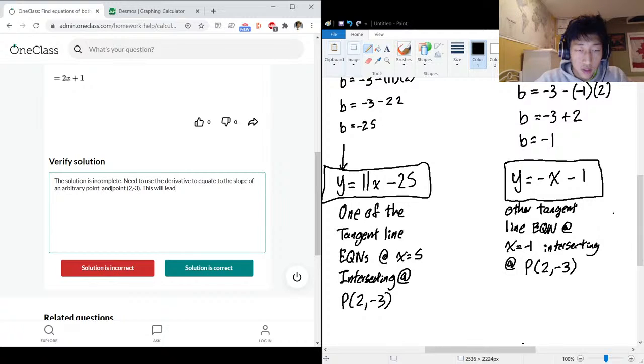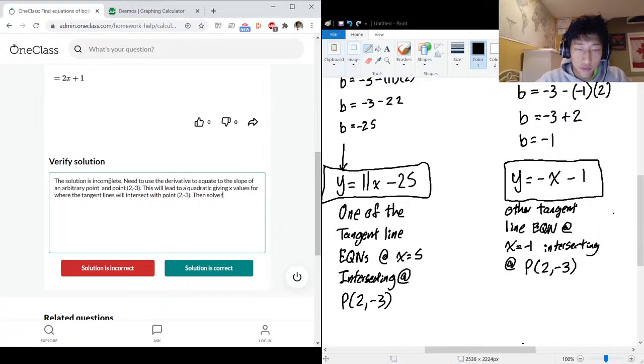This will lead to a quadratic giving x values for where the tangent lines will intersect with 2, -3.